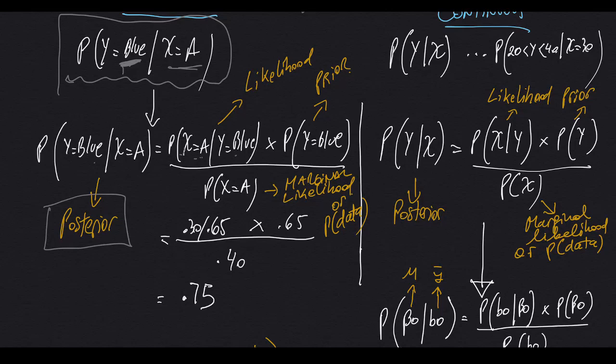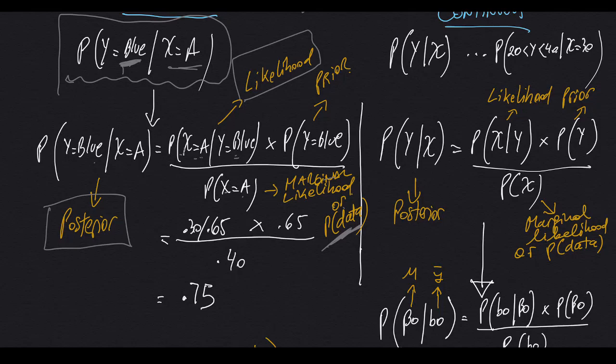So what's the probability that the drone lands in A, given that we know it landed in blue? That's called the likelihood, and it is multiplied by the prior. The prior is the probability that the drone landed in blue, so that's not a conditional probability. And finally, that's divided by the probability of x landing in A, which is called the marginal likelihood, or the probability of the data.